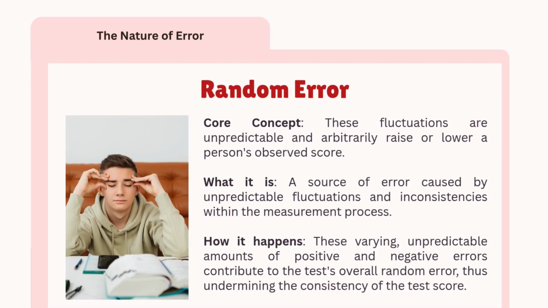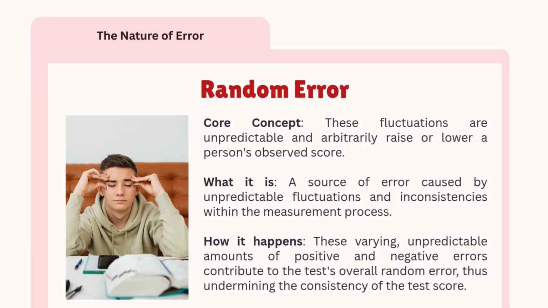This is the single most important concept when discussing reliability because it is the actual source of unreliability and inconsistency in any test. Unlike systematic error, random error is unpredictable and fluctuates arbitrarily, making it hard to trust the score. As stated, it is caused by unpredictable fluctuations in countless variables or factors throughout the measurement process.